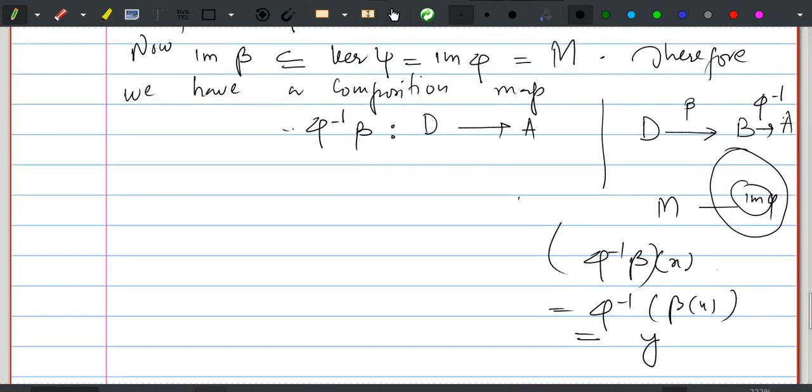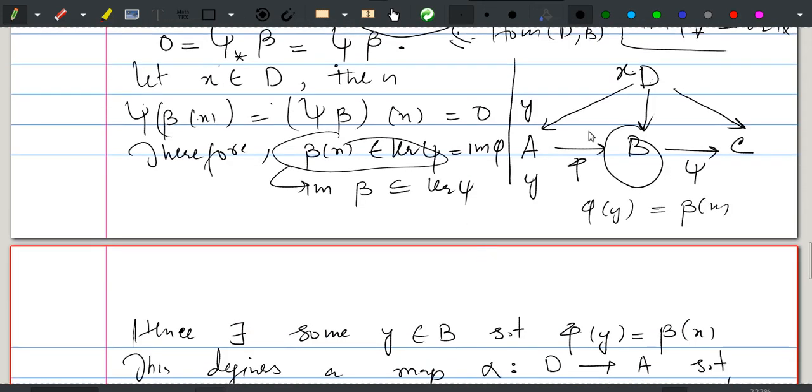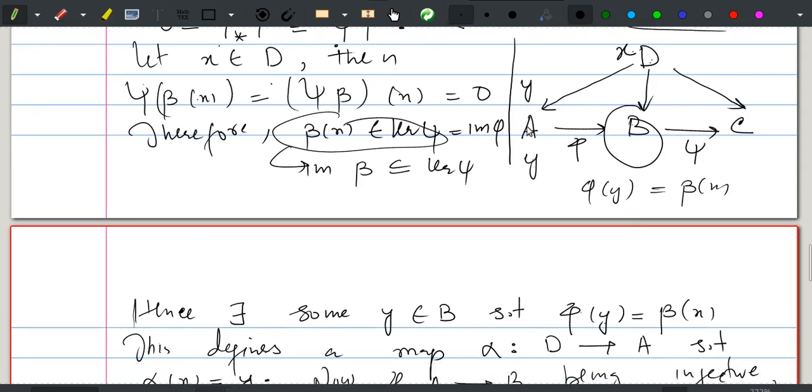So this is the map we were looking at. So this is our map alpha. So this alpha is the map which takes the arbitrarily chosen element x here to the element y here.